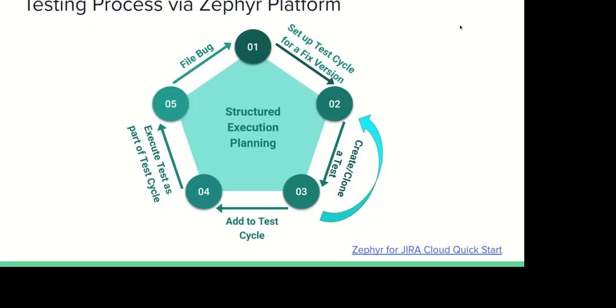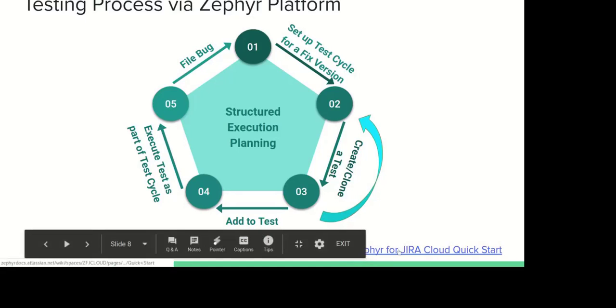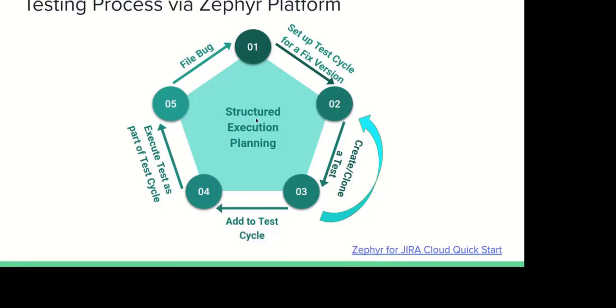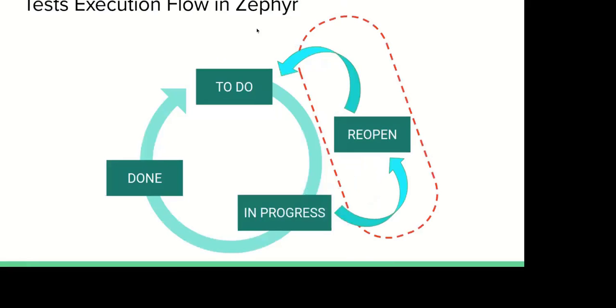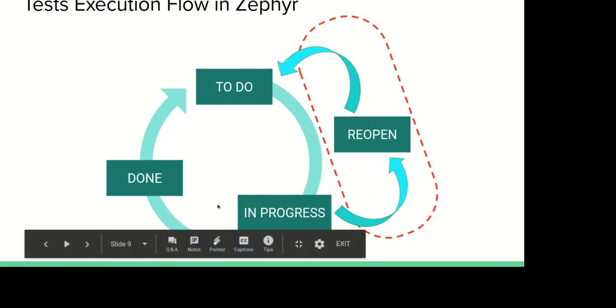So here is a link for the detailed workflow of this structured execution planning that we patterned our testing process for the B4R application. And next is the test execution flow in Zephyr. This is the one I've shown earlier also. From test case to do status, once it is executed, we mark this as in progress.